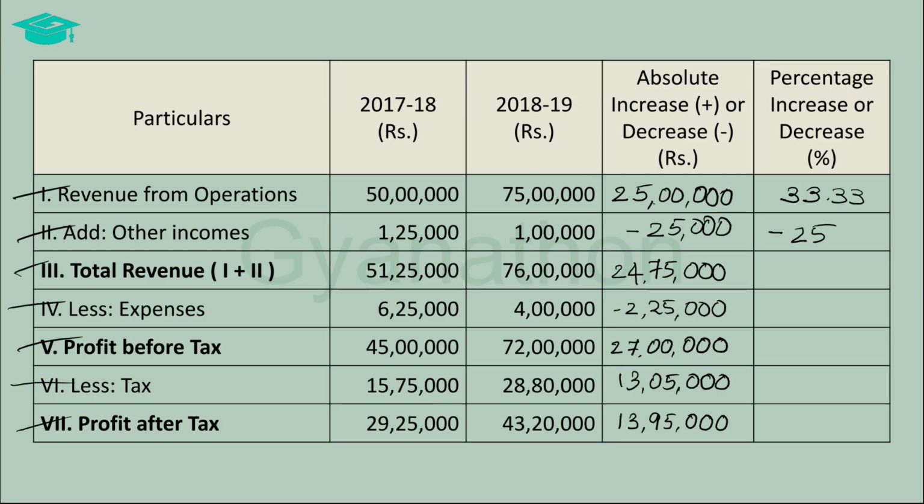The percentage change in total revenue is 24 lakhs 75,000 divided by 76 lakhs multiplied by 100, that is 32.56%. This means that the total revenue has increased from the year 2017-18 to the year 2018-19 by 32.56%.